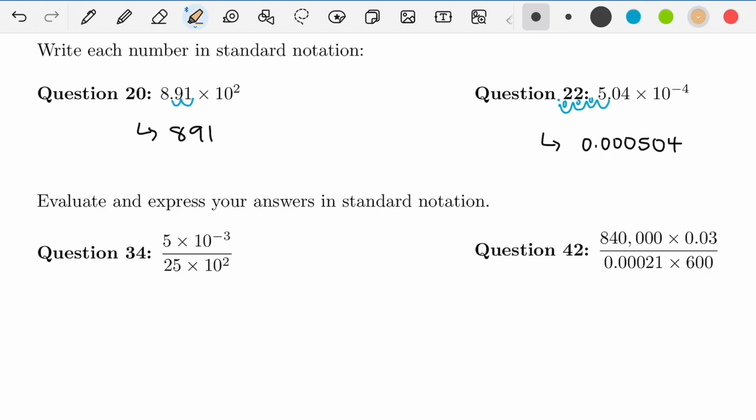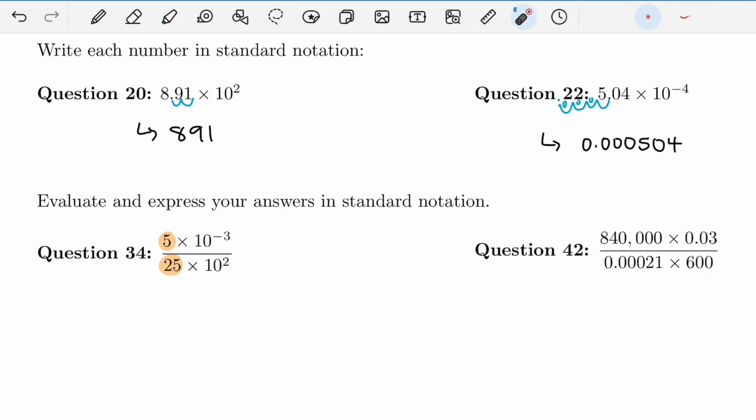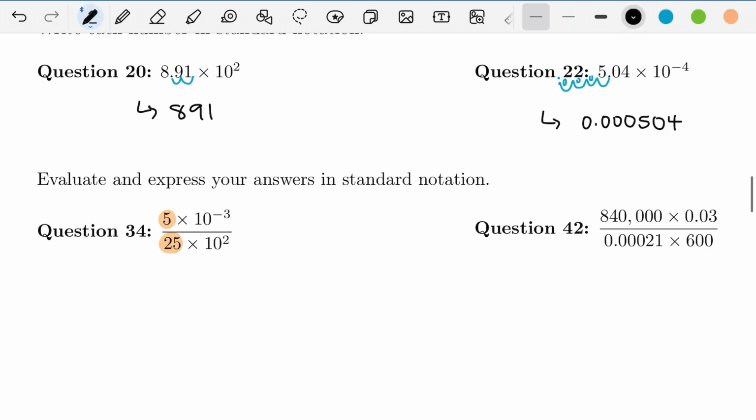So we're dealing with a division here, so we know we're going to be able to divide these guys out. And then we have 10 to the negative 3 and 10 to the second power. These guys have the same base, so these exponent rules that we saw in the last section will apply. So what I'm going to do is just rewrite this like this here, so we can clearly see what we're separating.